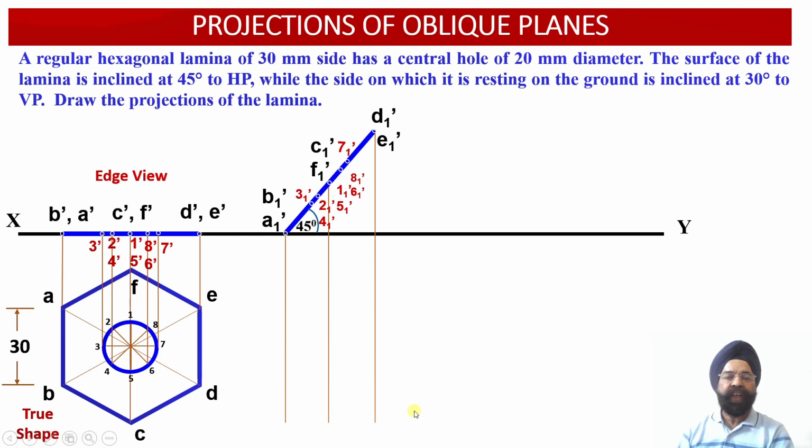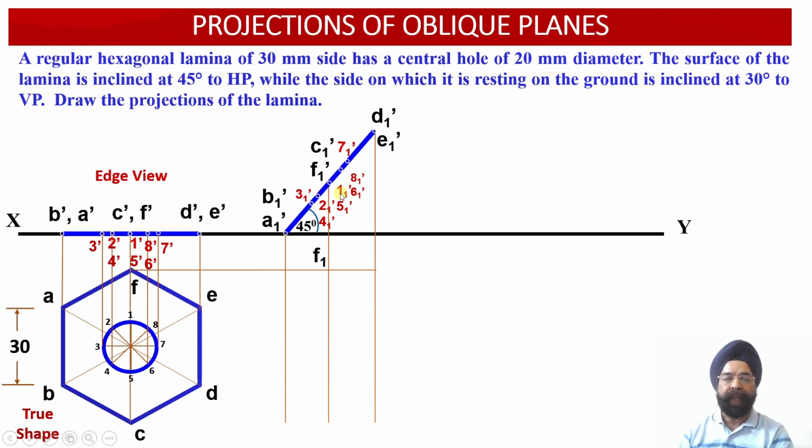And once we draw all of these vertical projector lines and the horizontal projector lines, the intersection of the corresponding projection lines will provide us with each one of these plan projection points in this particular projection view over here.